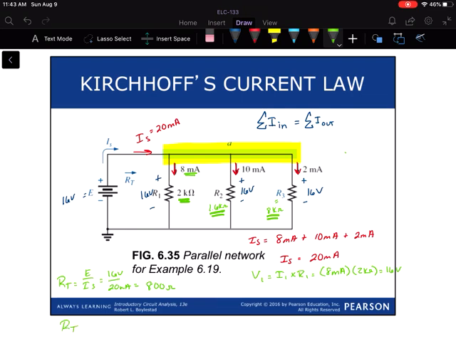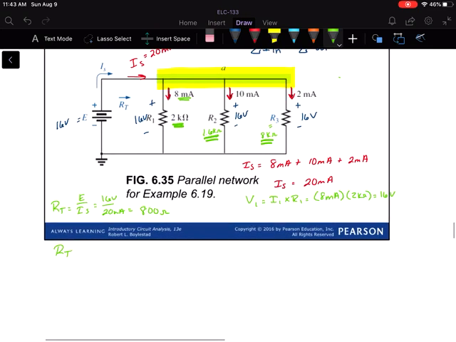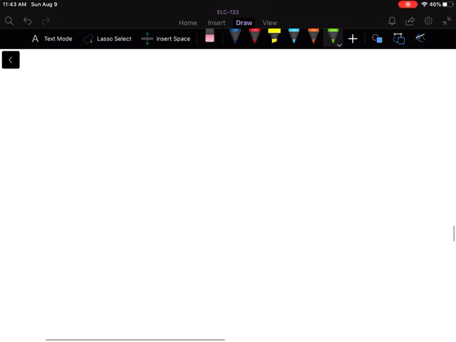So RT would be 1 over 2K plus 1 over 1.6K plus 1 over 8K. And that should give you 800 ohms as well. So that would be a good check to do. All right.